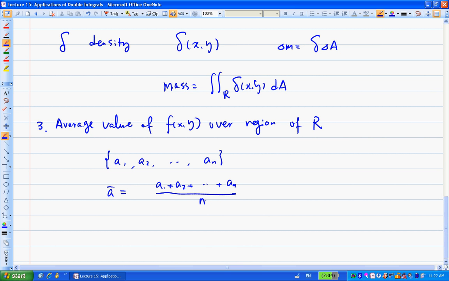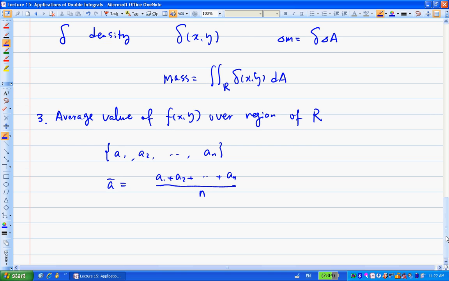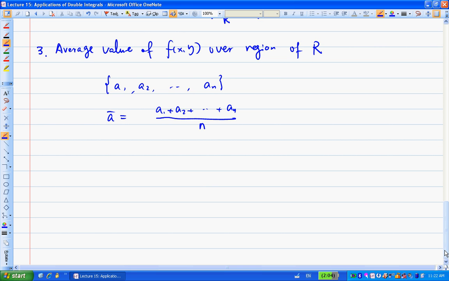That's the average. Then the similar question here is, how about if I think of it this way? This is the first case, and let's see the second case.